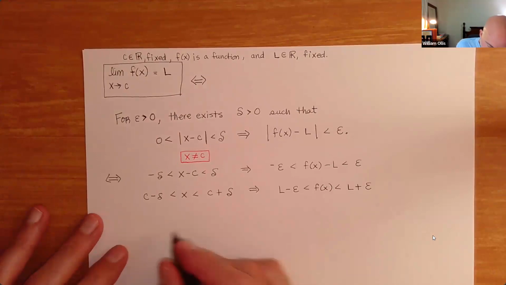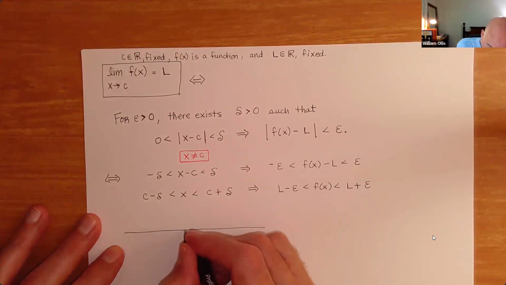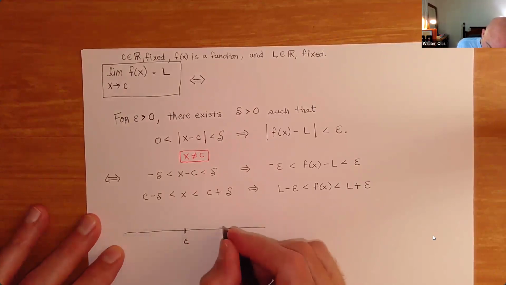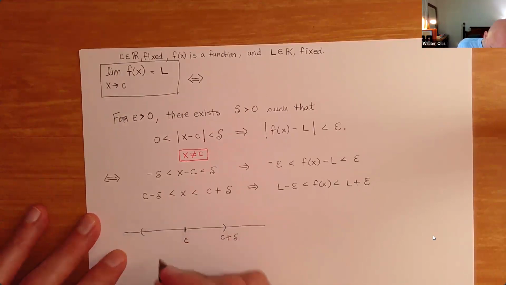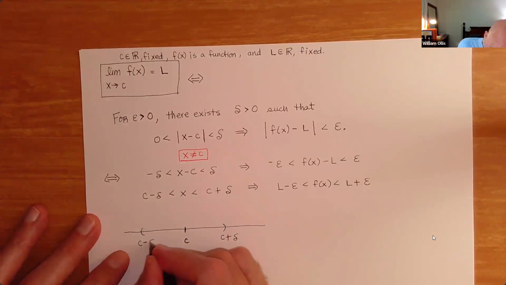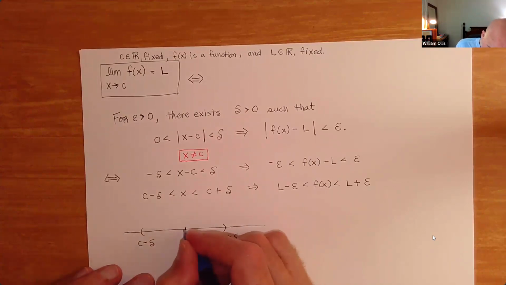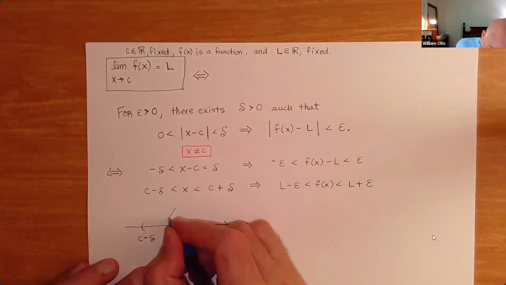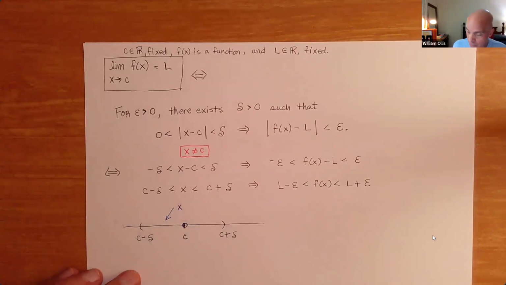So what we can do at this point is do our little number line like we had before. Let's put in our C. And then we have C plus delta, and then C minus delta. And then, of course, X is going to be somewhere in here. We can put a little circle here, meaning that we don't actually hit the C. So X will be somewhere in here, could be on either side. We just know that that's where X lives.